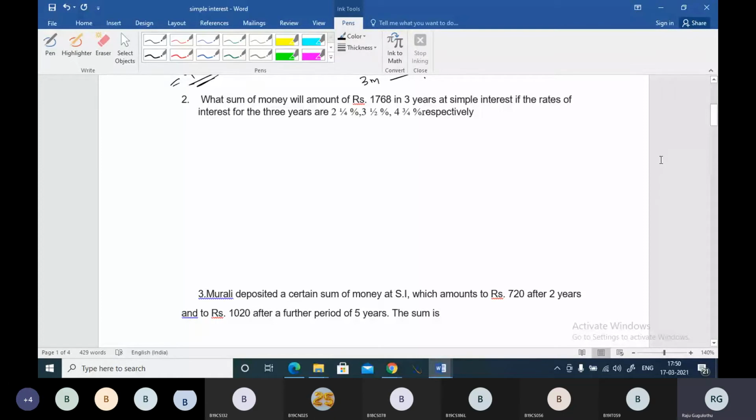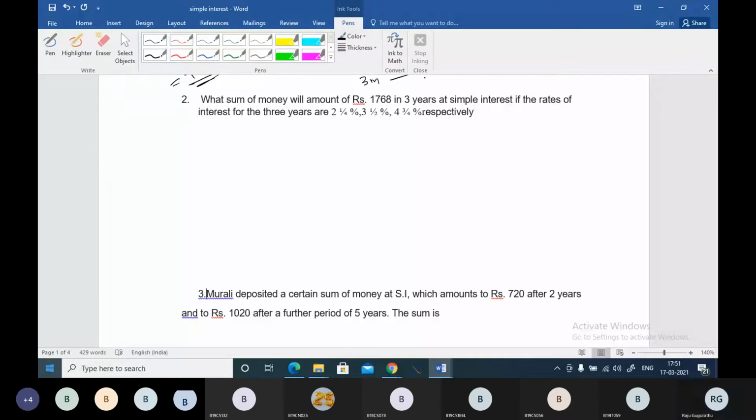How much are you saying? 141.47. That is the amount. That is the principal you are saying. Total sum of interest in 3 years. Okay, total interest you are saying.